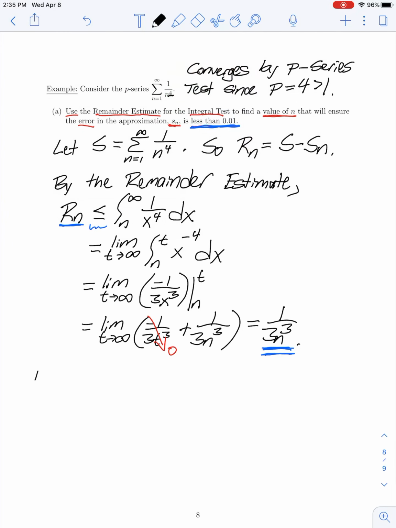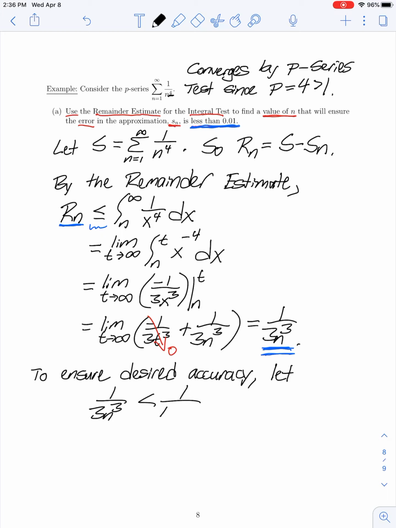So to ensure the desired accuracy, we're going to let this maximum error, 1 over 3n cubed, be less than 1 over 100, since we needed our error less than 0.01 or 1/100th.